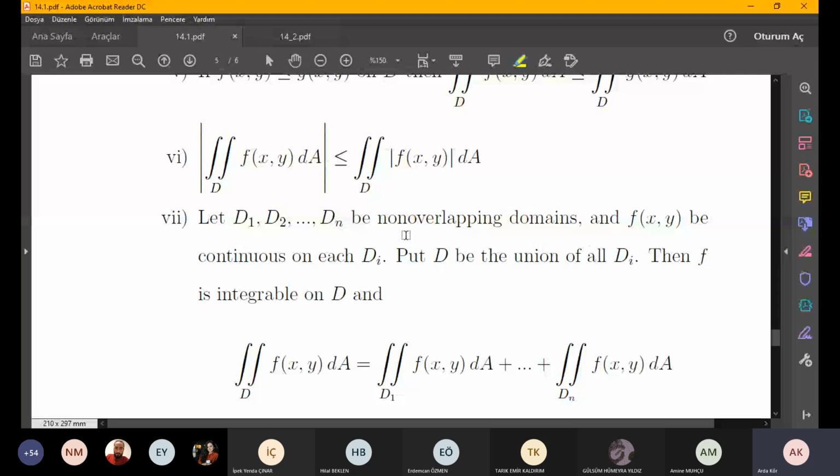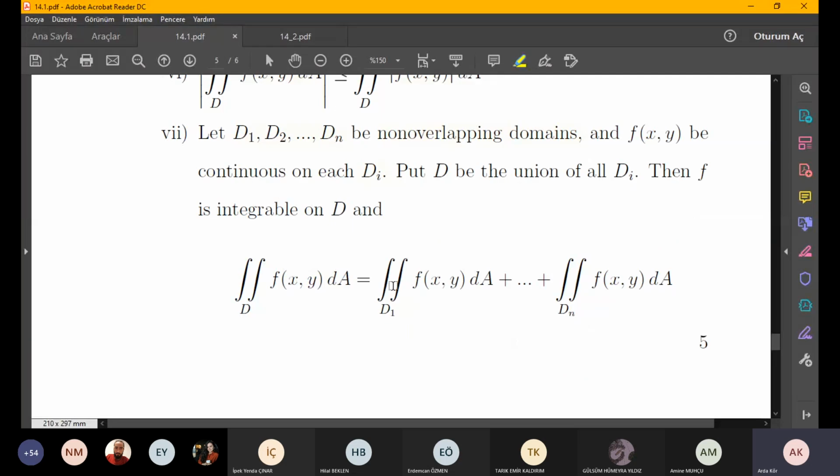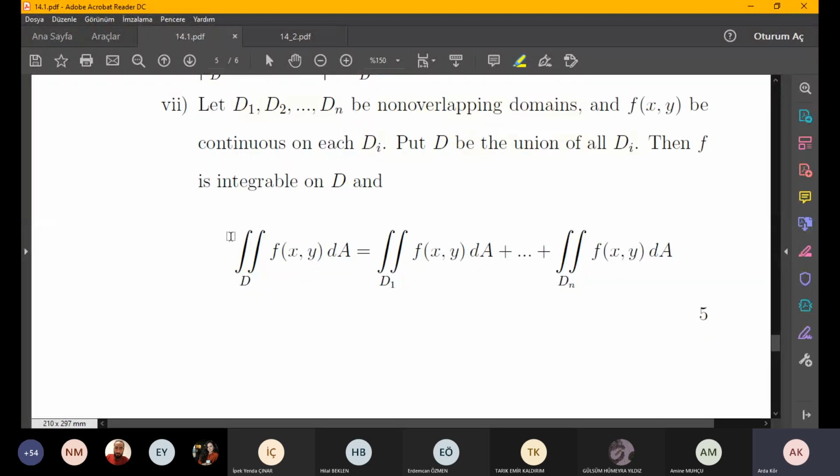If we put D to be the union of all Di's from i equals 1 to n, then f is integrable on D, and the double integral can be represented like that: the double integral of f over D1 plus the double integral of f over D2, and so on until the double integral of f over Dn.